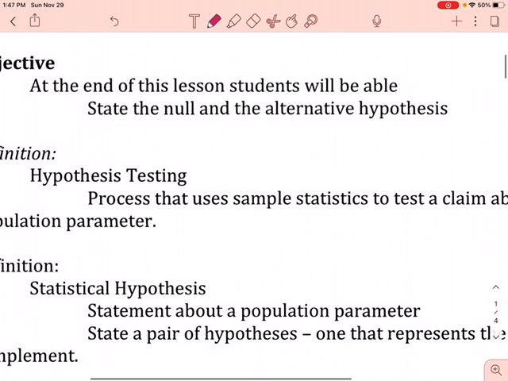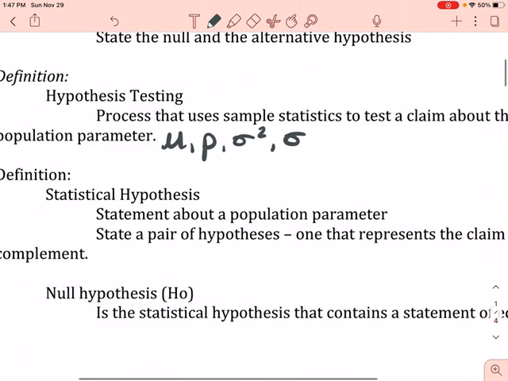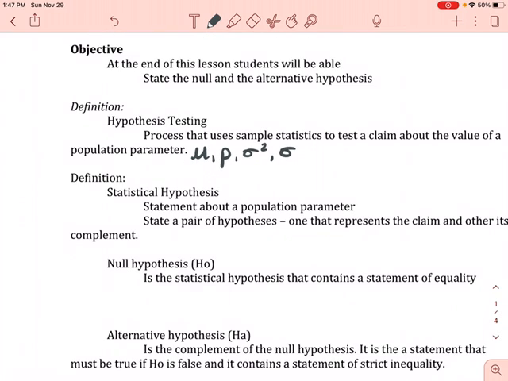Let me put in the population parameters here, guys. So this could be mu, this could be p, this could be variance, it could be standard deviation. So we're going to start with just today looking at what is our hypothesis. If you think along the lines of scientific method, you have to start with what are you trying to do? What is your hypothesis?